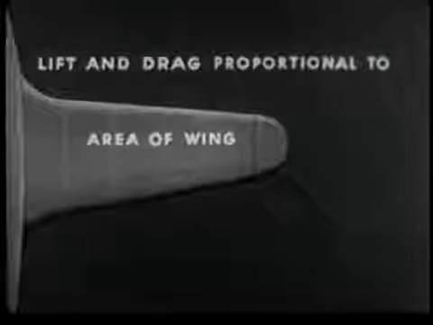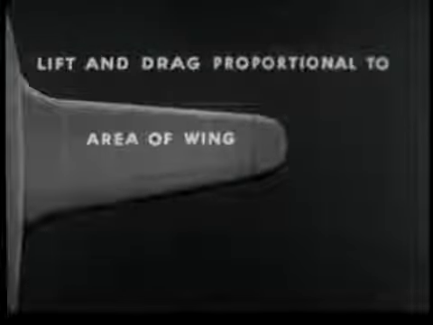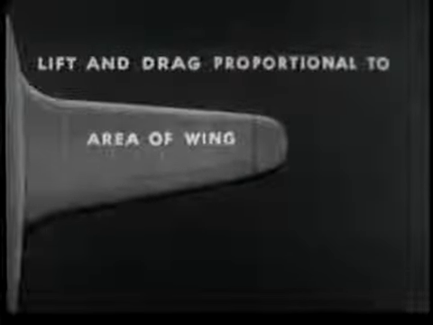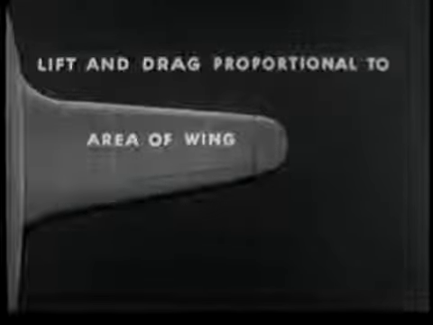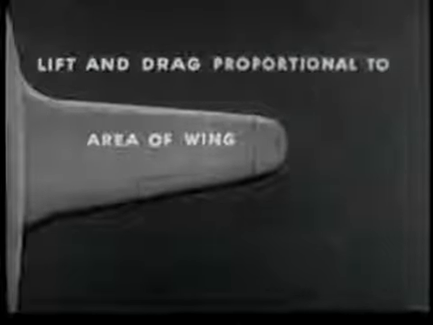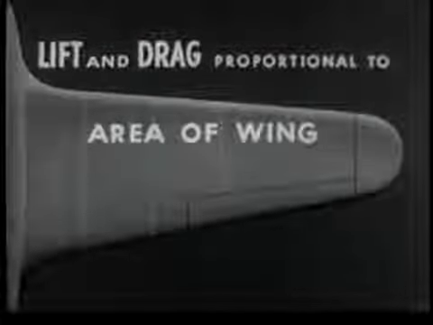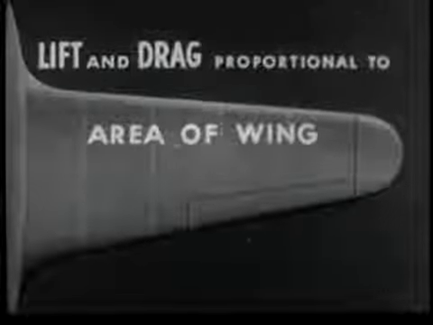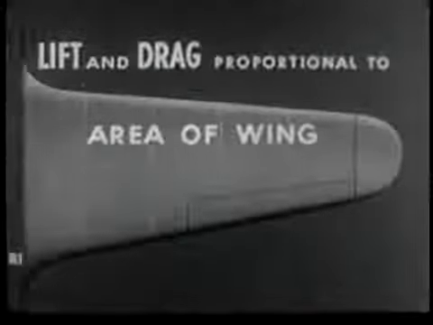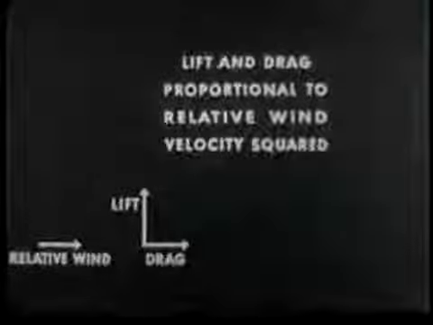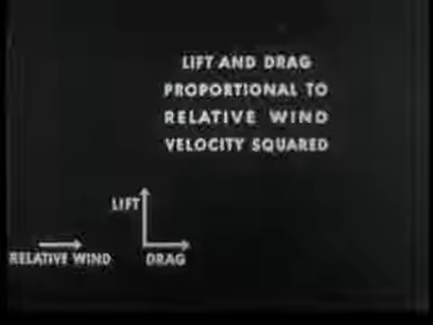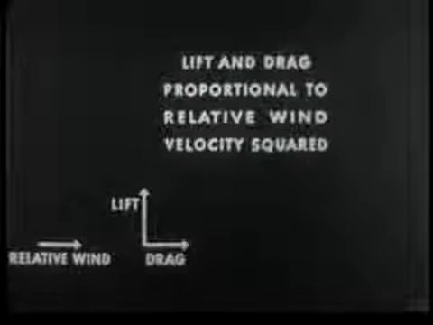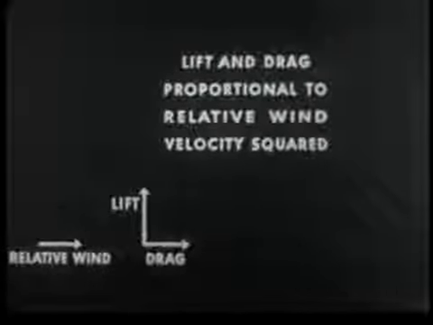Wind tunnel tests have also proven that for any given airfoil, lift and drag vary directly with the area of the wing. If the area is doubled, lift and drag are also doubled. Lift and drag vary directly as the square of the velocity of the relative wind.